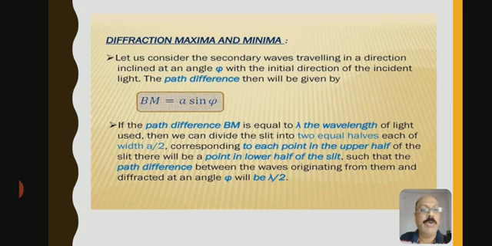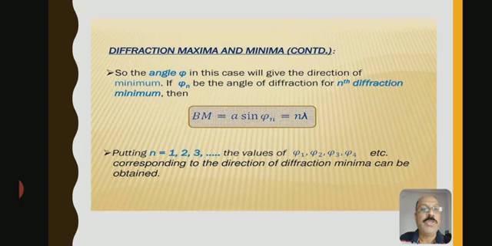Corresponding to each point in the upper half of the slit, there will be a point in the lower half of the slit, such that the path difference between the waves originating from them and diffracted at an angle phi will be lambda by 2. So the angle phi, in this case, will give the direction of minimum.